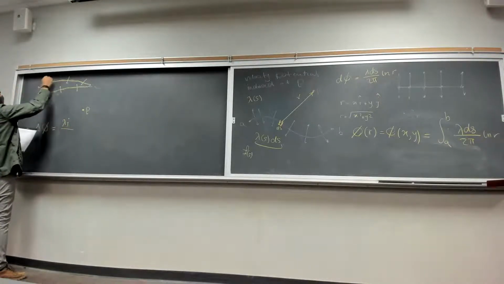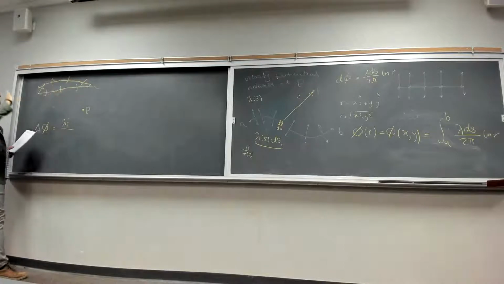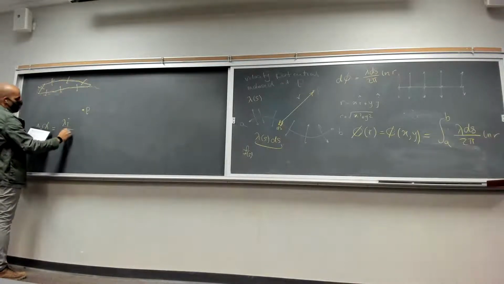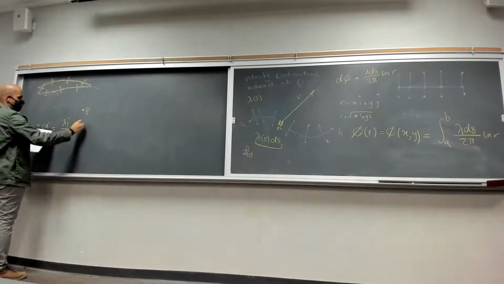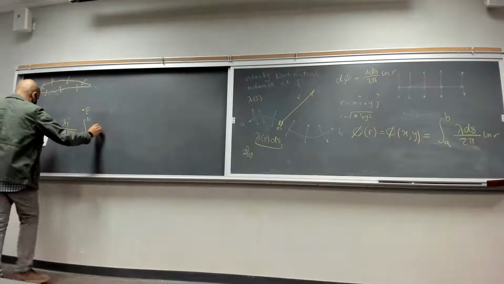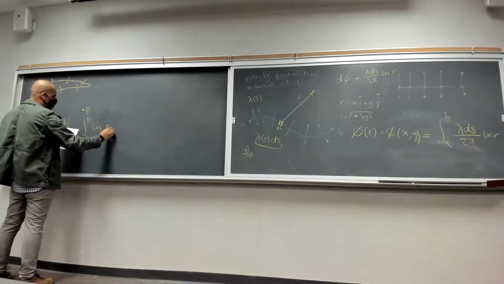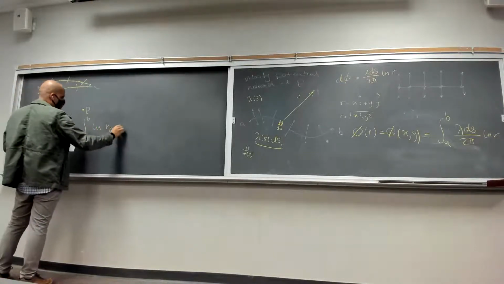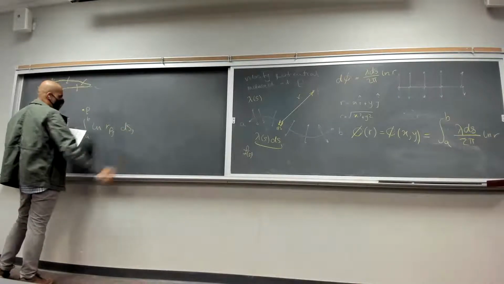These panels are 1, 2, 3, 4, 5, 6 up until j, divided by 2 pi. Then the integral of natural log of r pj, and I'm going to explain what this is, ds of j.